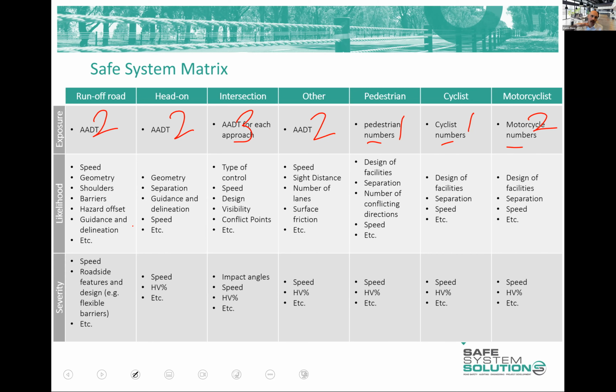Are we going to make it worse? And so as long as you're consistent across your assessment, like the existing conditions was done this way, then we assessed the designs, however many they are. That consistency means that it actually doesn't particularly matter if you allocate other to heavy vehicles or you plonk it into the severity.